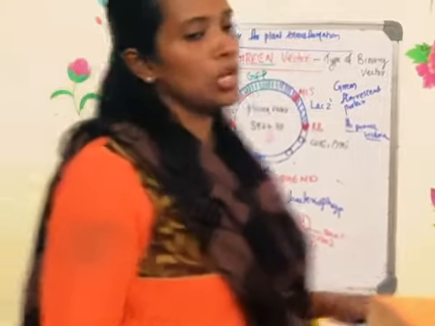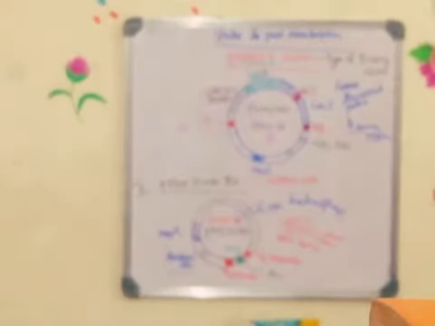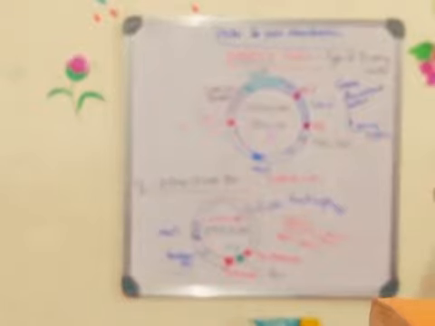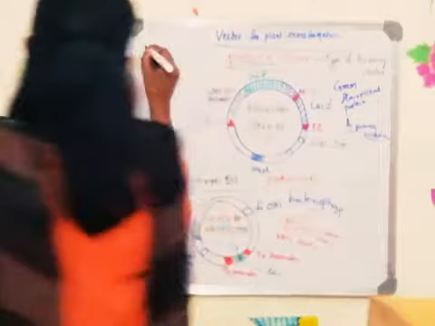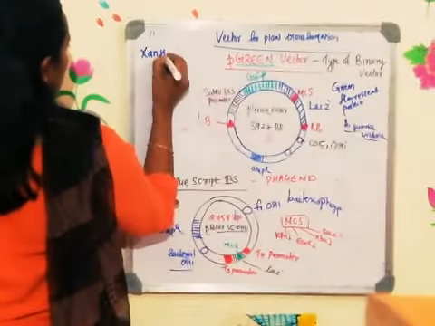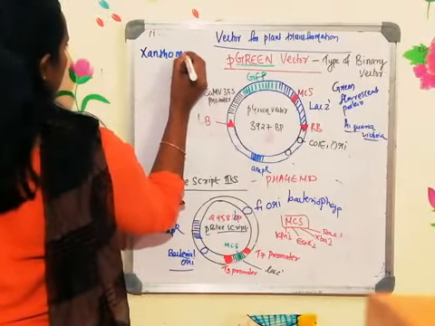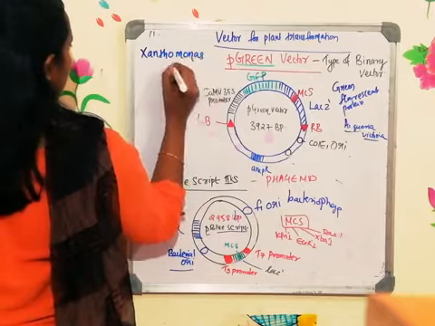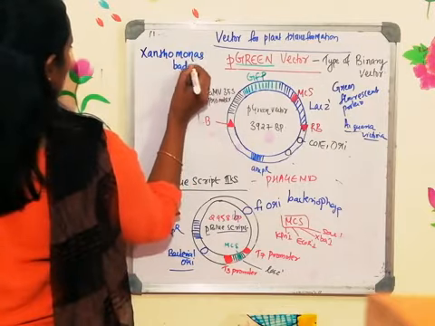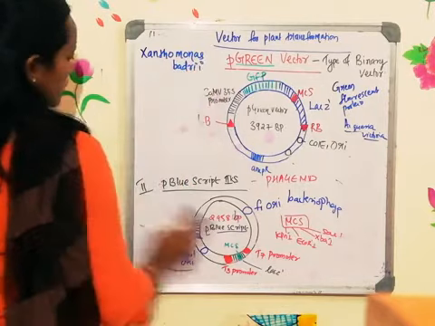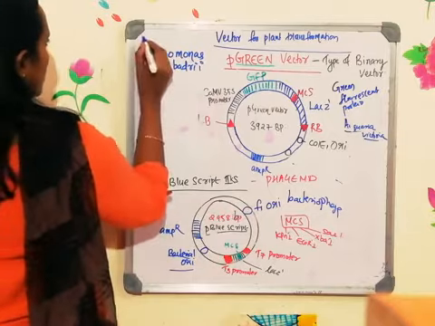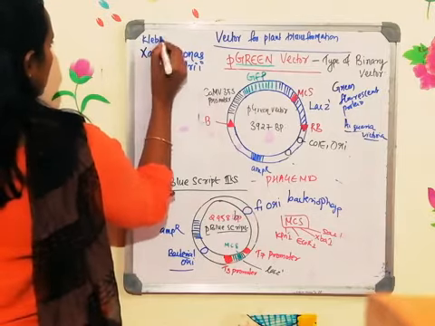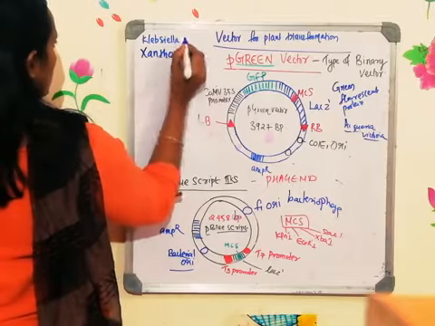EcoRI is from Escherichia coli, and XbaI is another restriction site in the pBluescript vector. XbaI stands for Xanthomonas, isolated from Xanthomonas badrii. KpnI, what is Kpn? Klebsiella pneumoniae.